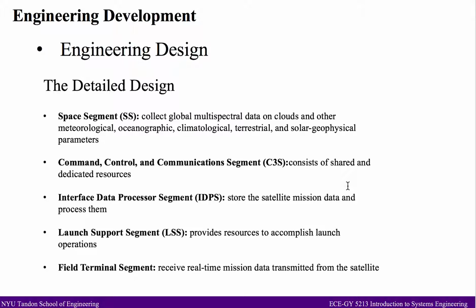The NPOESS satellites also carry the advanced data collection system and search and rescue sensors. The satellites store and transmit all data to ground stations, possibly through data relay satellites, and provide a continuous real-time transmission for receipt of the data by field terminals within view of the satellite.